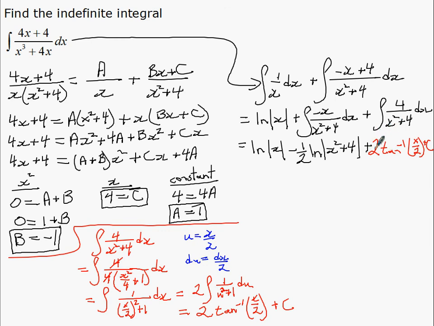I think I actually wrote 4 over 2 and left that alone, but that's fine. 4 over 2 is just 2. But we can, with a little work, show why that's true. Like I told you though, for any tan inverse integrals where this is not equal to 1, I would give you the formula on your formula sheet, so don't worry too much about this, but it's certainly not beyond what you should be able to do.